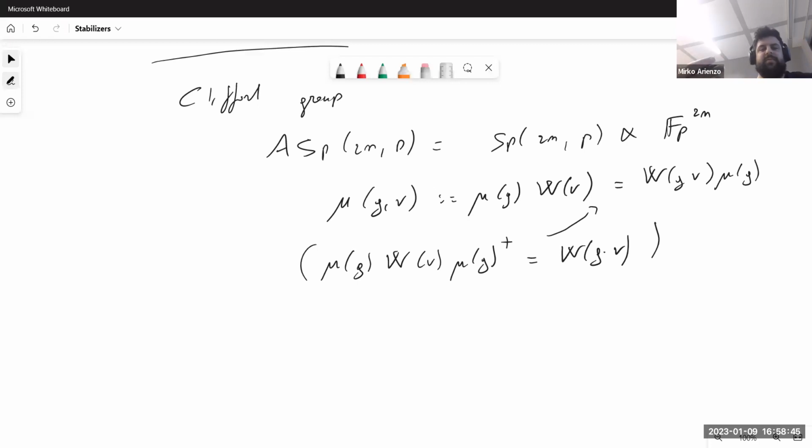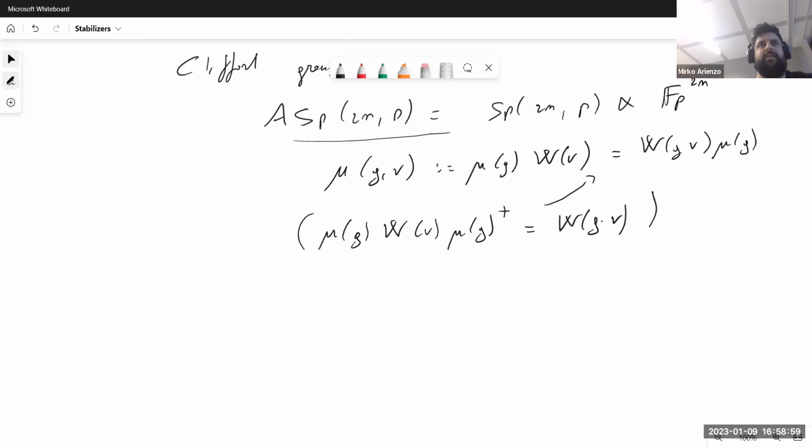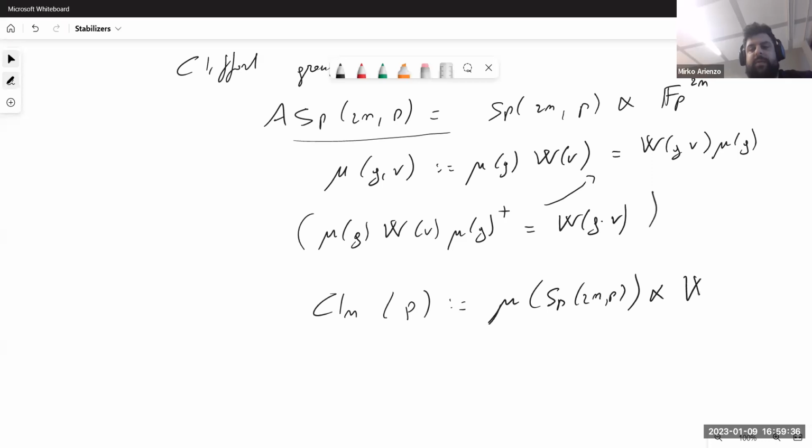So we just need to use these maps mu and W to transform the objects here into unitary operators, and in particular the Clifford group would be just the image under mu of the symplectic group, and now you have the product, the image, sorry, under W of the Heisenberg group.